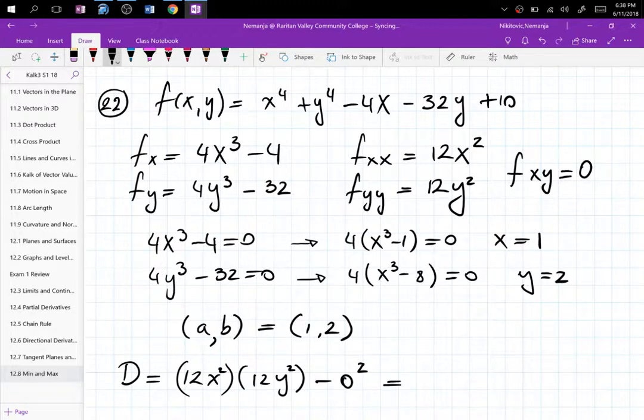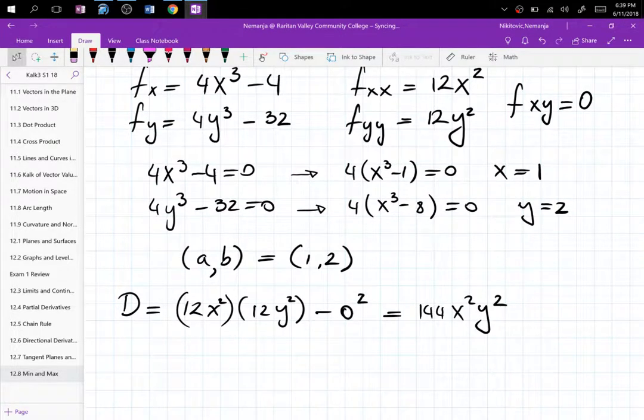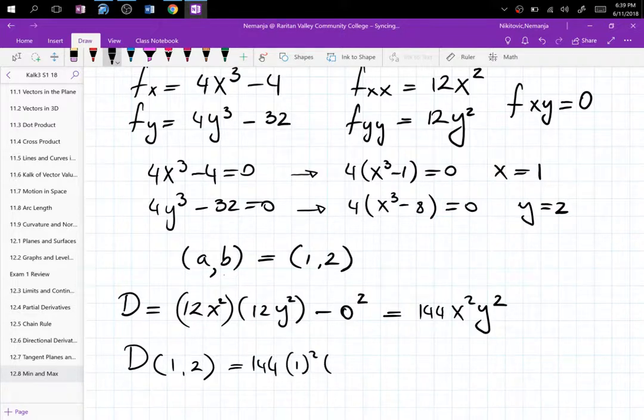So now we have 144 x squared y squared. So that's our capital D. So now you can see immediately that D is going to be positive, because when you plug any numbers for x and y, because they're both squared, it has to come out as a positive number. So D computed at 1, 2 is going to be 144 times 1 squared times 2 squared.